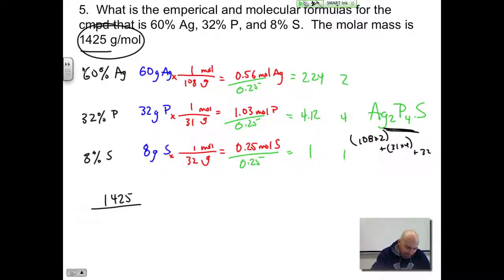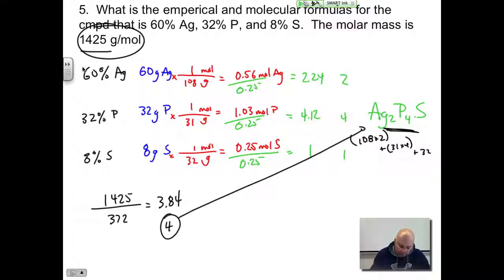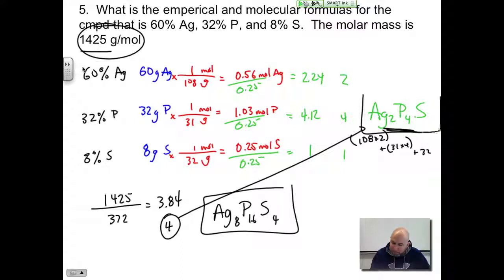When I add that all up, I get 372. Do that dividing. 3.84. Round it to 4. This becomes our factor, Ag8P16S4. There would be my empirical and my molecular formulas.